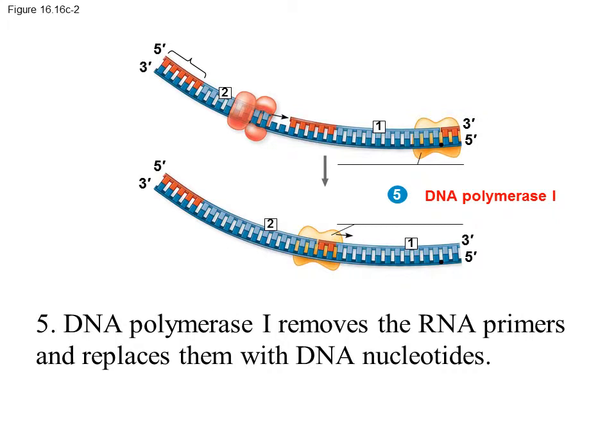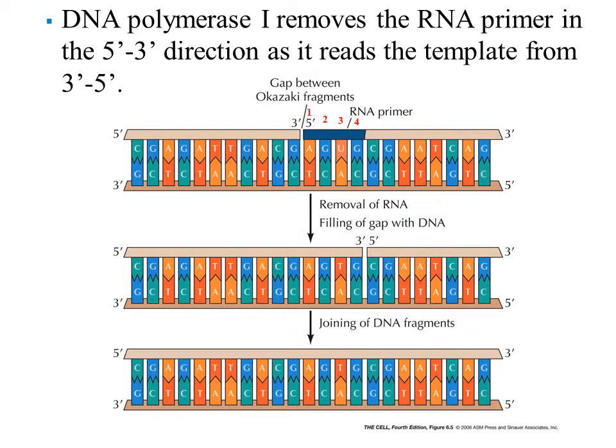DNA polymerase 1 is going to come in and now remove the primer, and it will replace the primer's nucleotides with DNA nucleotides. DNA polymerase 1 removes the primer in the 5 to 3' direction as it reads the template from the 3 to 5' direction.